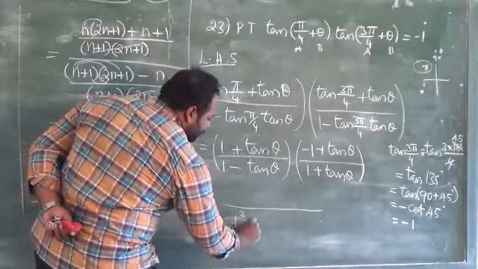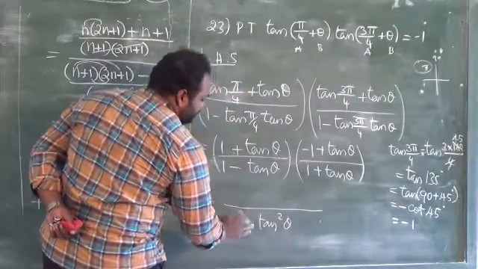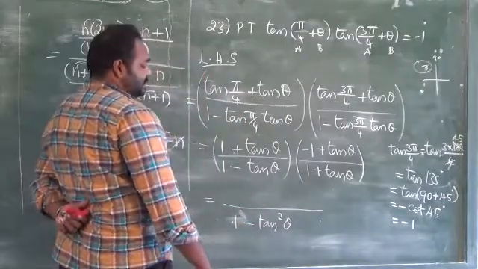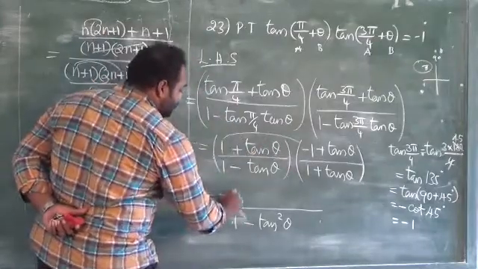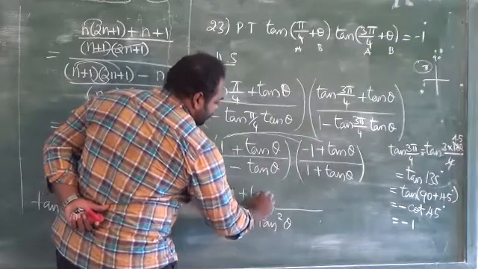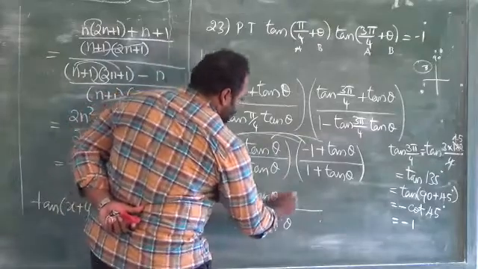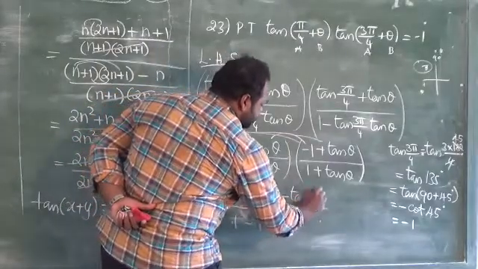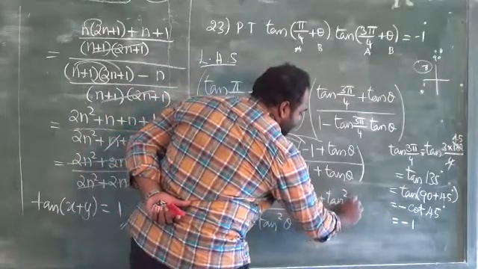So 1 square minus tan square theta, 1 square we can write as 1. Then multiply the numerator: minus 1 into minus 1, 1, into plus tan theta, then plus into minus tan theta, plus into plus tan square theta.